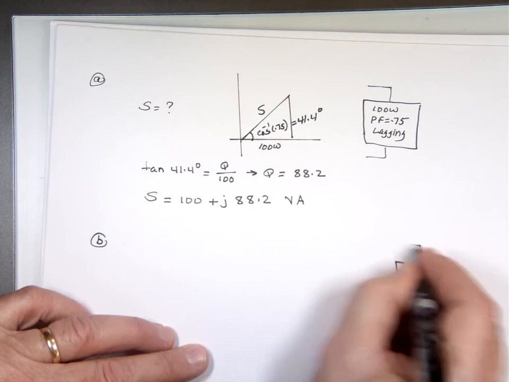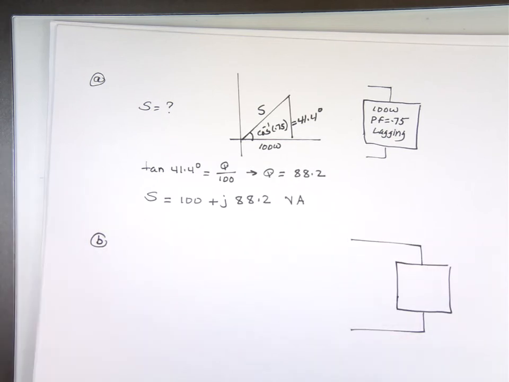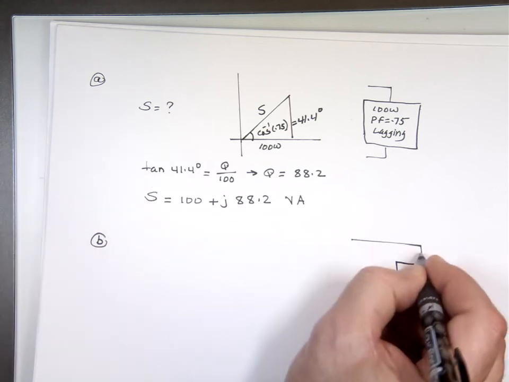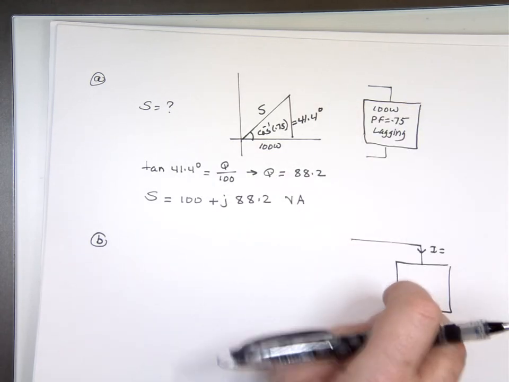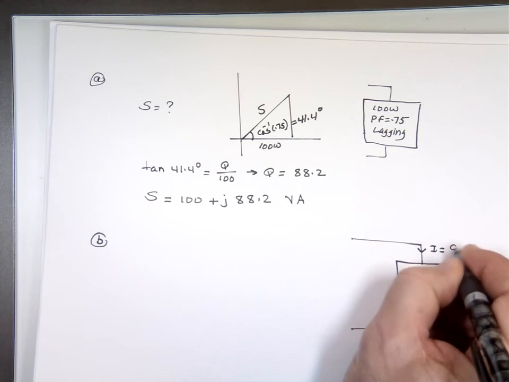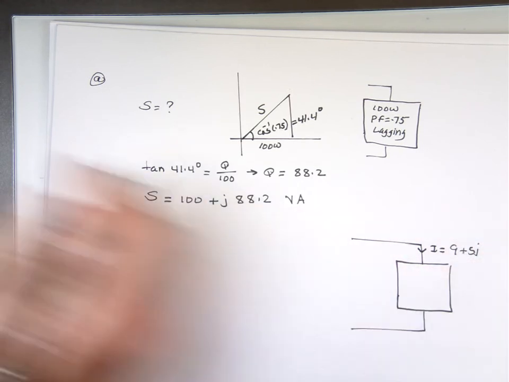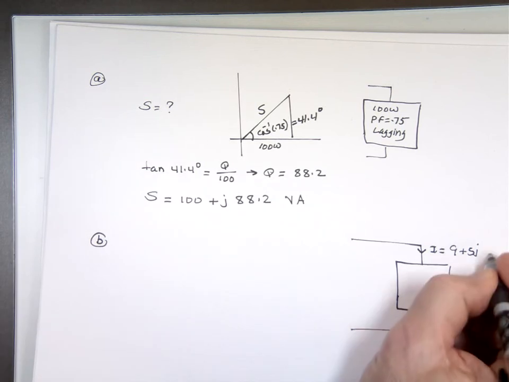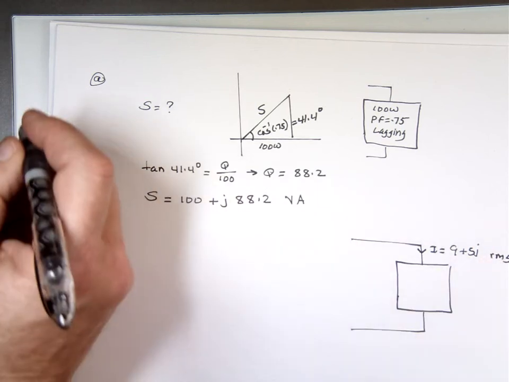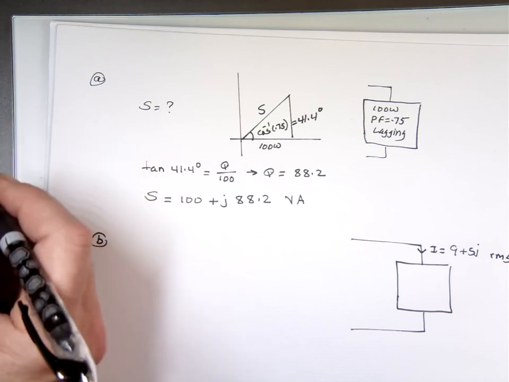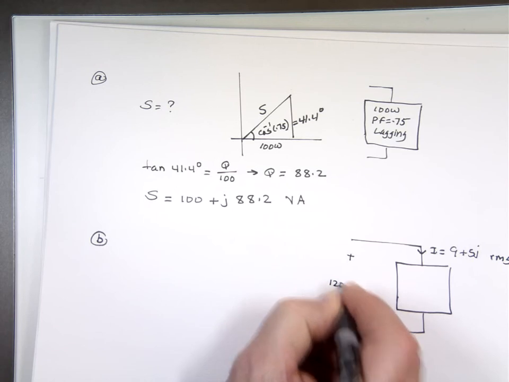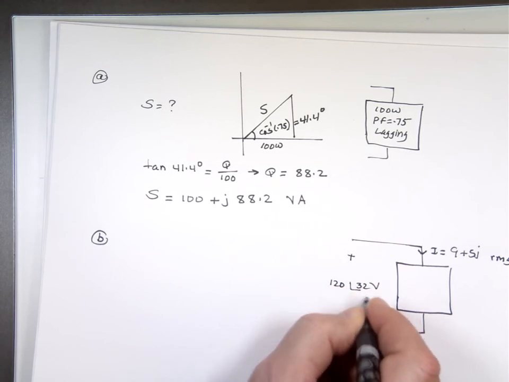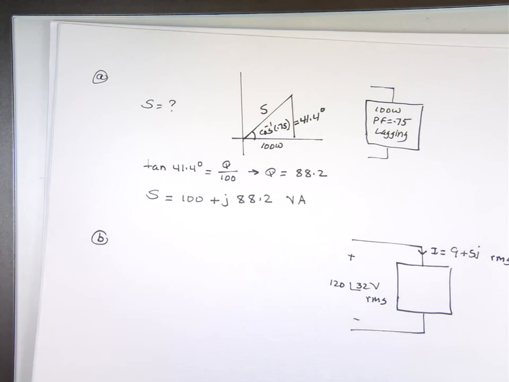They're saying here's what we know about the load: it draws a current of I equals 9 plus 5j amps RMS, when connected to a voltage of 120 angle 32 volts RMS. They're looking for the complex power again.